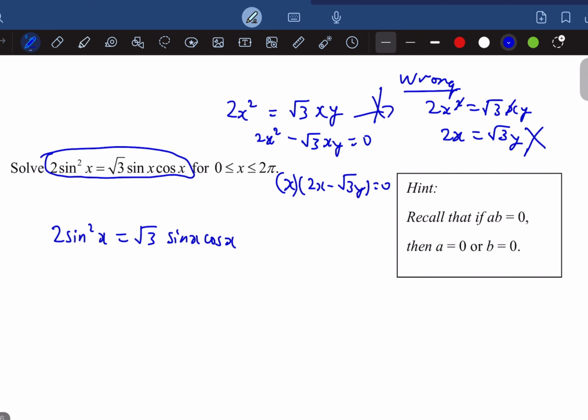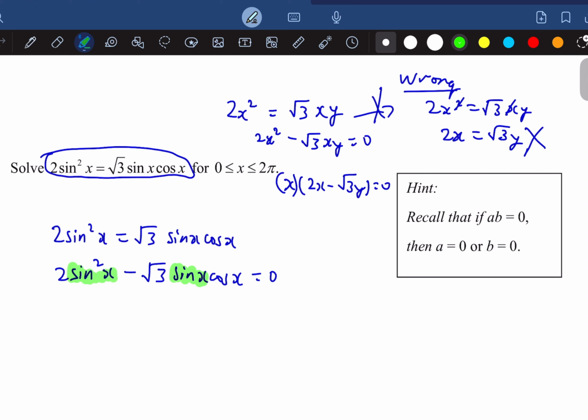Take note, because this one is sine square x, it's considered like a quadratic equation. If you want to solve a quadratic equation, we have to make sure it's equals to 0. So it'll be 2 sine square x minus square root 3 sine x cos x equals to 0. Then you can see that there's a common term, which is sine x. So we factorize out any common Trigo term.